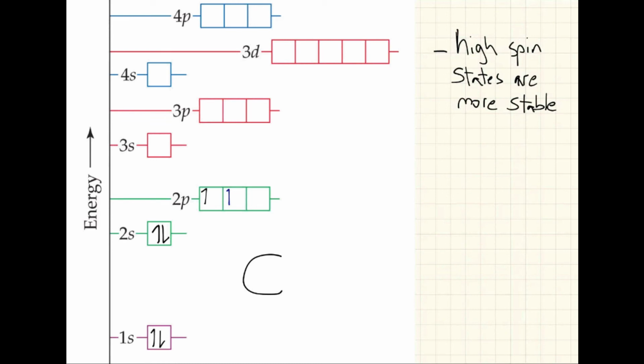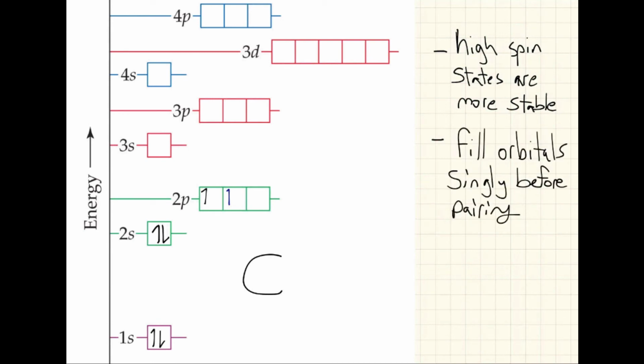Now, that still ignores the second extra piece of information that I'd mentioned I wanted to talk about. The second piece of information here, other than high spin states being more stable, is that we would generally rather fill orbitals singly before pairing.